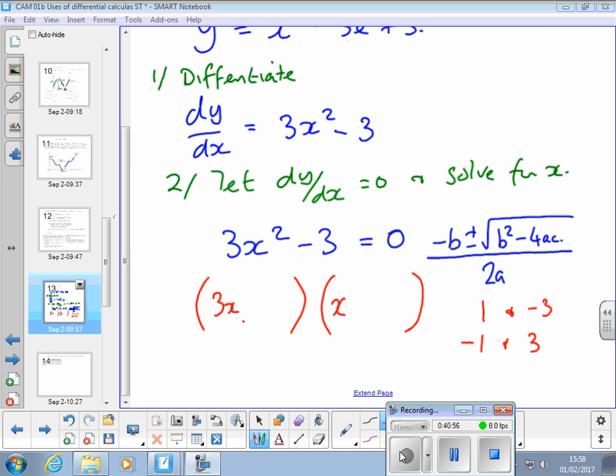Which one of those would leave us with what we are looking for? No x's and a constant of minus 3.